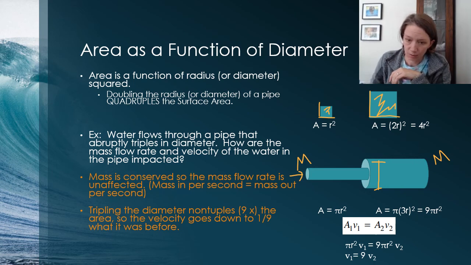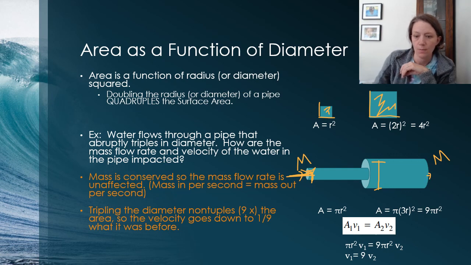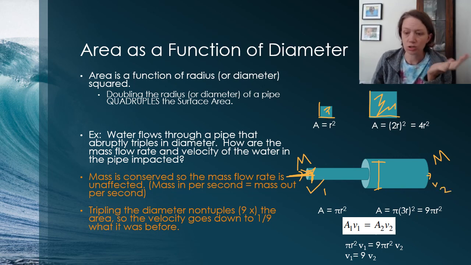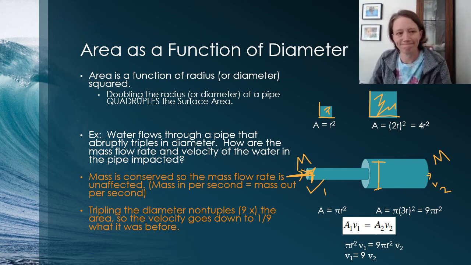So my velocity in on this side is 9 times the velocity that comes out of this side, right? And that tells me that it's going much faster in the small side than it is coming out the large side, which should also make intuitive sense if you think about your experience with hoses.